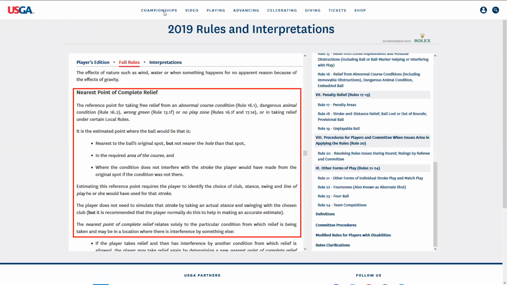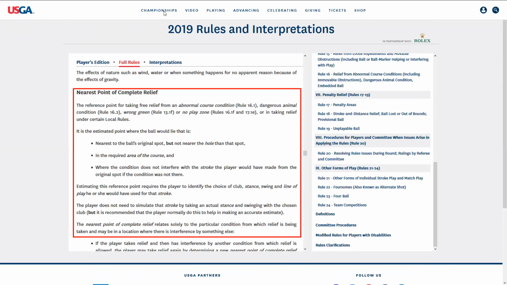These next two paragraphs are interesting, and they appear also in point of maximum relief. And that is, estimating this reference point requires, in other words, it's mandatory, that the player identify the choice of club, stance, swing, and line of play he would have used for that stroke. And then the next paragraph says, but you don't actually have to simulate that stroke.